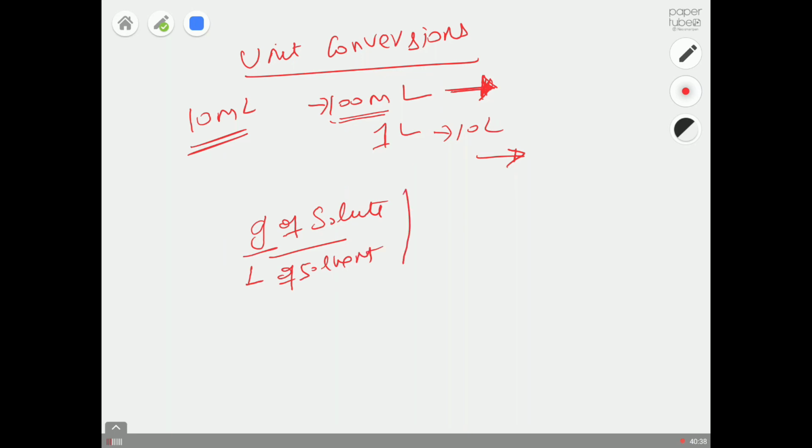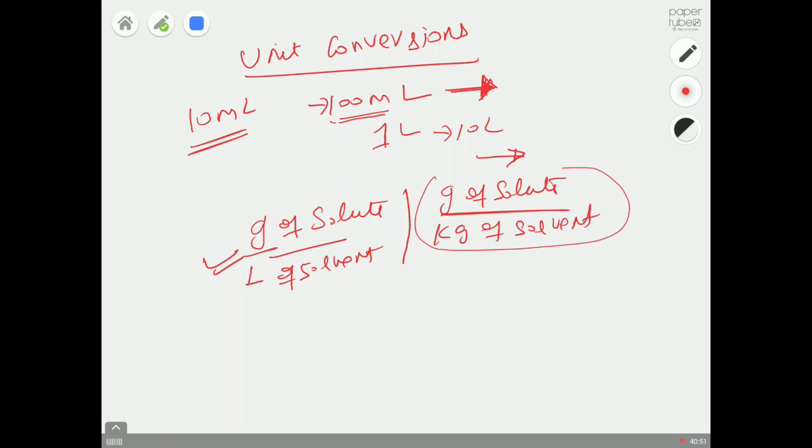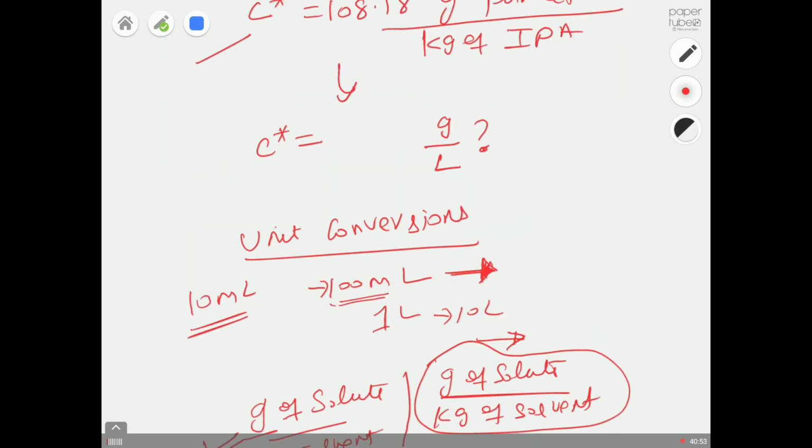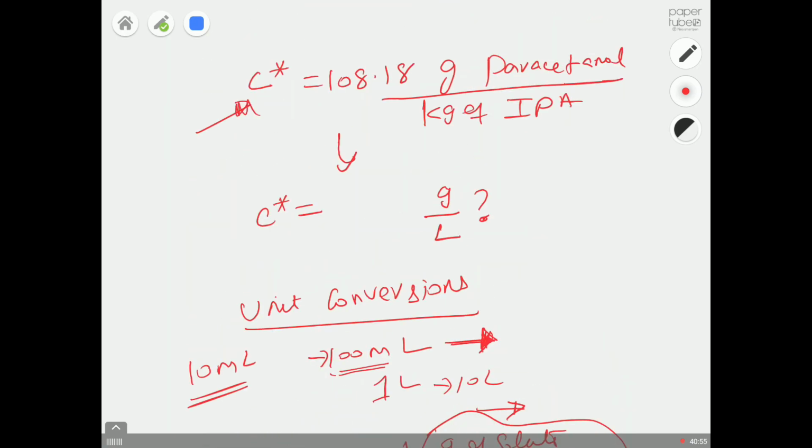Few people don't like these simple terminologies, they like to complicate, so they express it in terms of grams of solute per kg of solvent. That's what I gave you. If you look here, C star is expressed in grams of paracetamol per kilogram of IPA. I really hate people who use this type of units, but for some reason they keep using it, which means we need to convert them into grams per liter.